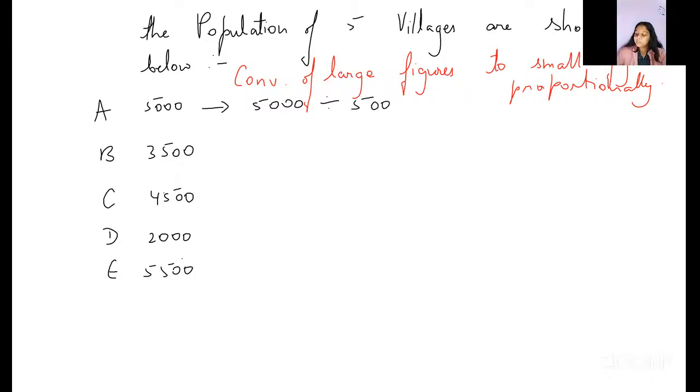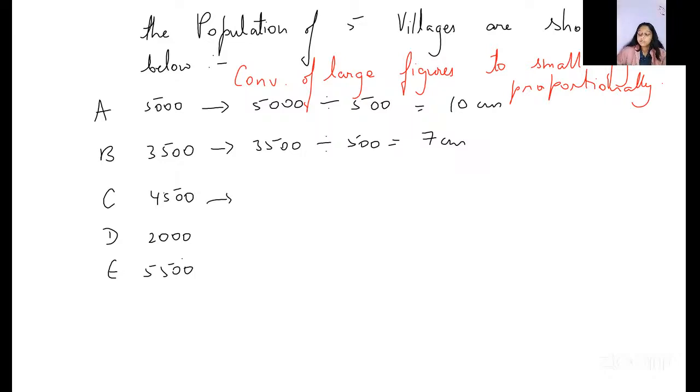So the height becomes 10 centimeter. Then 3,500, I will divide by 500. So my height becomes 7 centimeter.